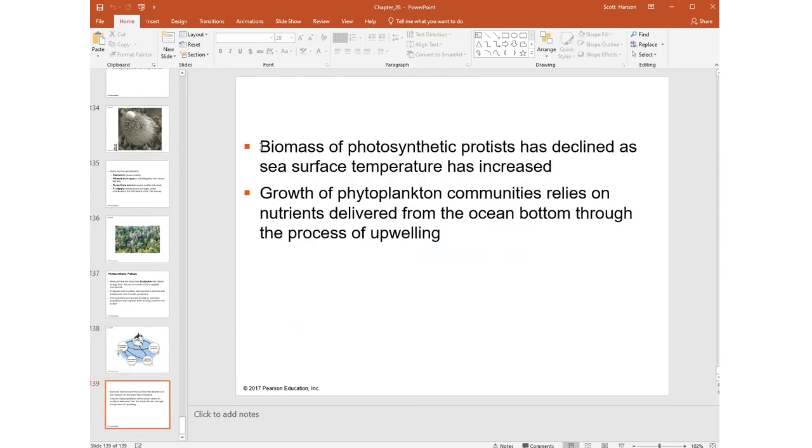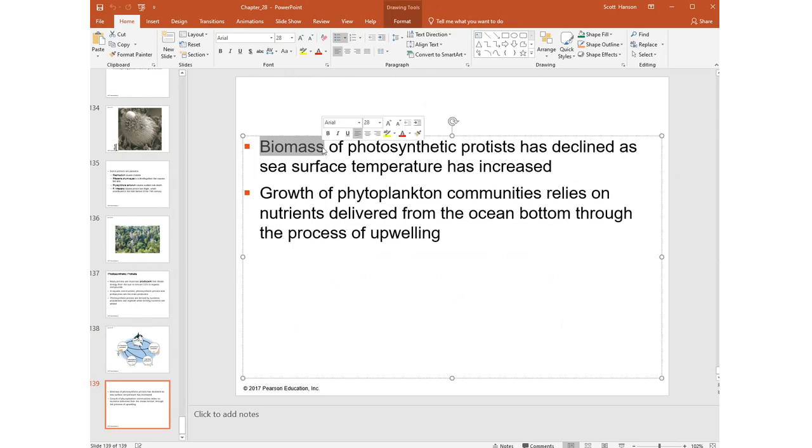So the biomass, the sheer mass of the bodies present, of photosynthetic protists has declined in recent years as sea surface temperatures have increased. As the surface of the oceans gets warmer, that decreases the number of photosynthetic protists, because the growth of these communities relies on the nutrients delivered from the ocean bottom through the process of upwelling.